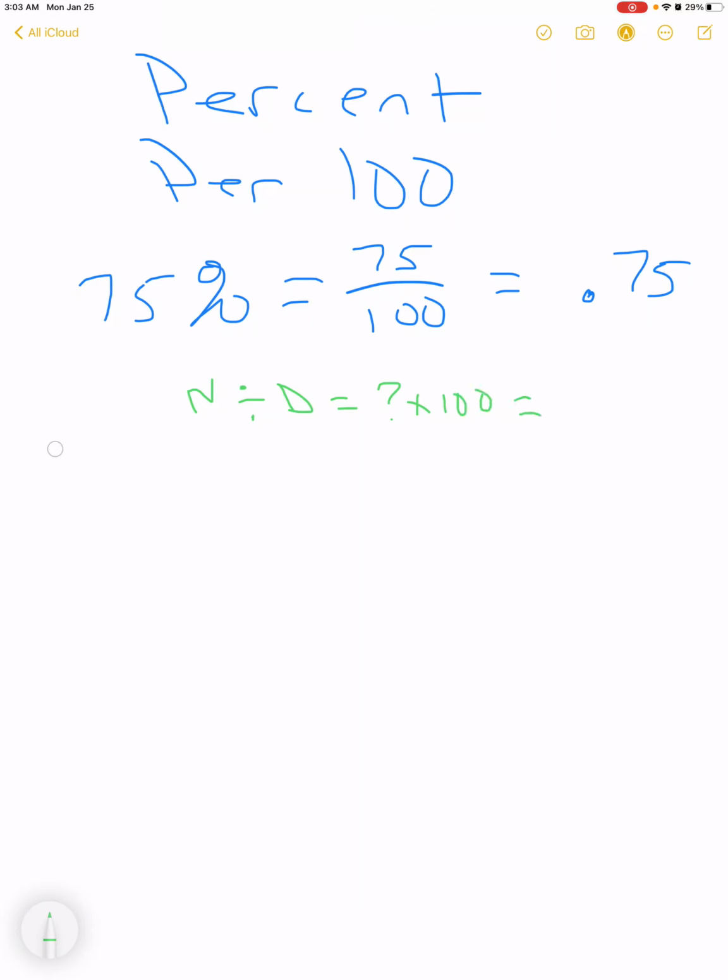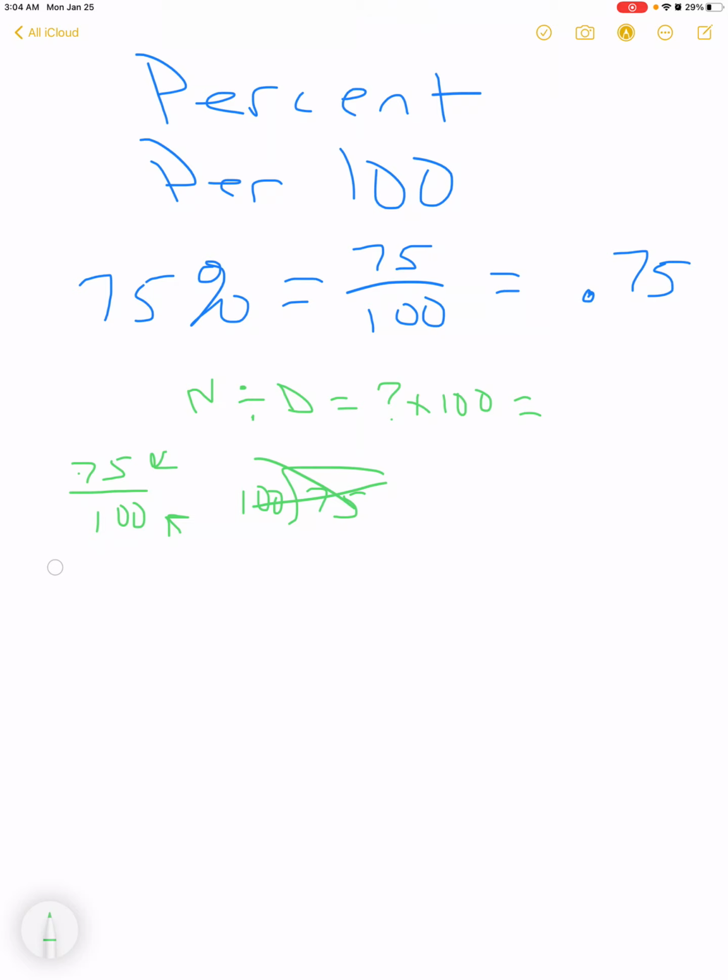If you were working with 75 over 100, easy stuff, right? We divide the numerator, the top number, by the denominator, the bottom number, and then multiply by 100. So 75 divided by 100. This is base 10 division, so we don't even have to do long division.